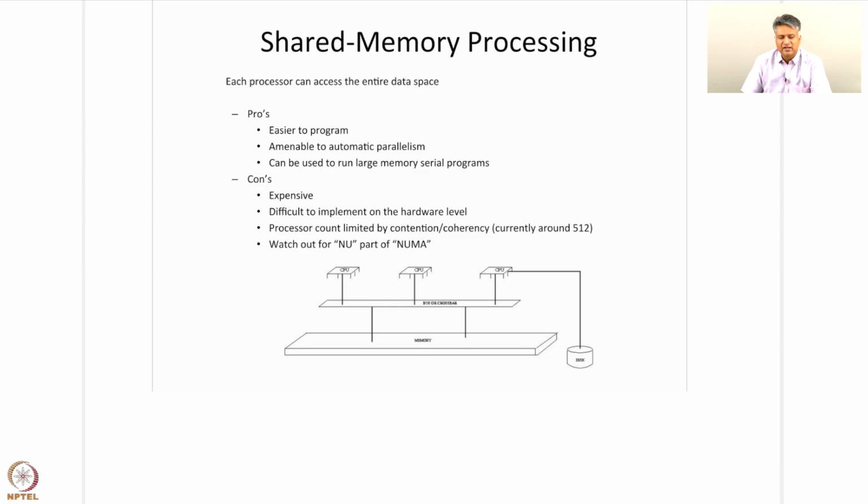The difficulty of realizing such machines is that because of Moore's law and other engineering challenges, they are difficult to implement at the hardware level. While you can keep increasing the number of CPUs or processing cores on a single integrated microprocessor, it's very difficult to get to scales of millions of processing cores. Typically, in the market, we now see processors limited to about 512 CPU cores.